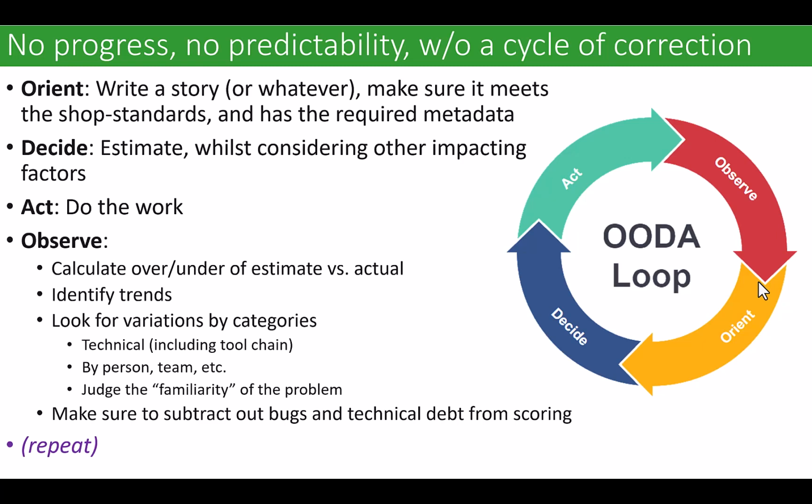And we look at trends, and we look at variations. So that kind of tracking by person, by role, by project, by train, by whatever. And then we say, what do we need to change? And if so, what specifically do we need to change? And then, based on those observations, we need to start the orientation again and try to do better next sprint or next whatever.